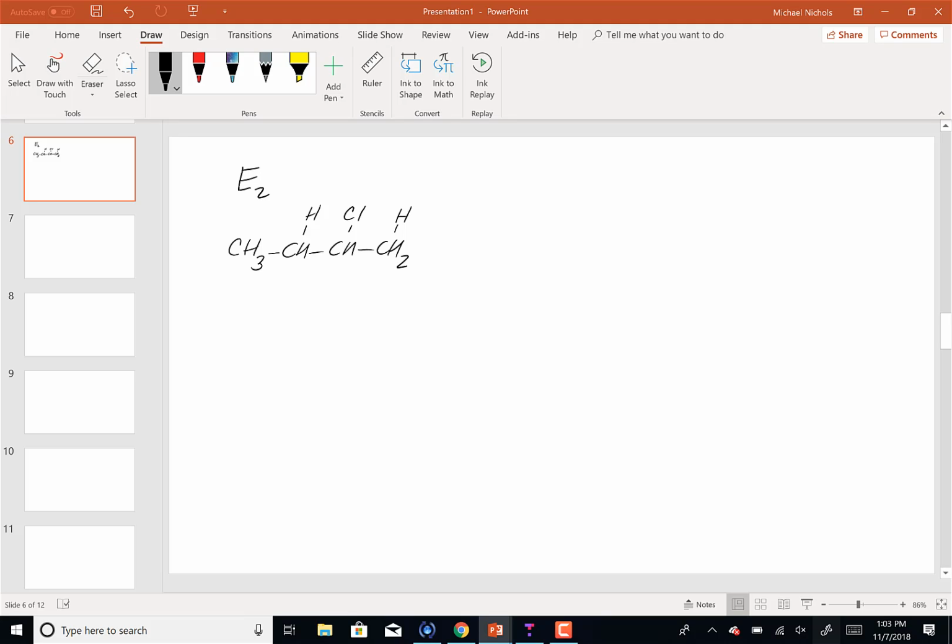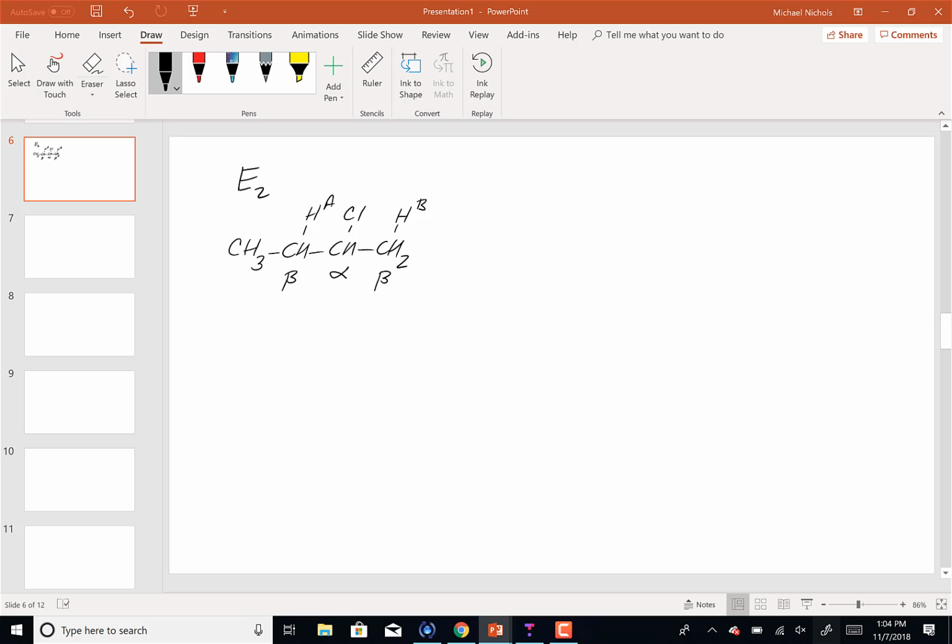So in E1, we'd break the carbon-chlorine bond, we'd form the carbocation, we'd lose H+. If we're just writing the products of this reaction, we find the alpha carbon, we find all the beta carbons, and make sure that they have beta hydrogens. And in this case, there's 2 sets of beta hydrogens that could be lost. Call them HA and HB.